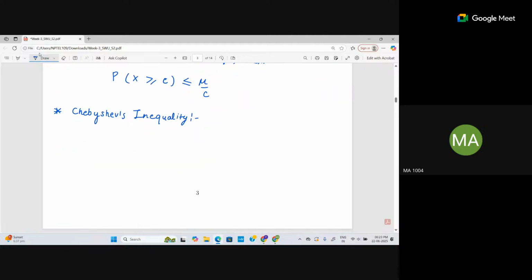Next we have Chebyshev's inequality. According to Chebyshev's inequality, let x be a discrete random variable with finite mean mu and finite variance sigma square. Hello, ma'am. Yes.